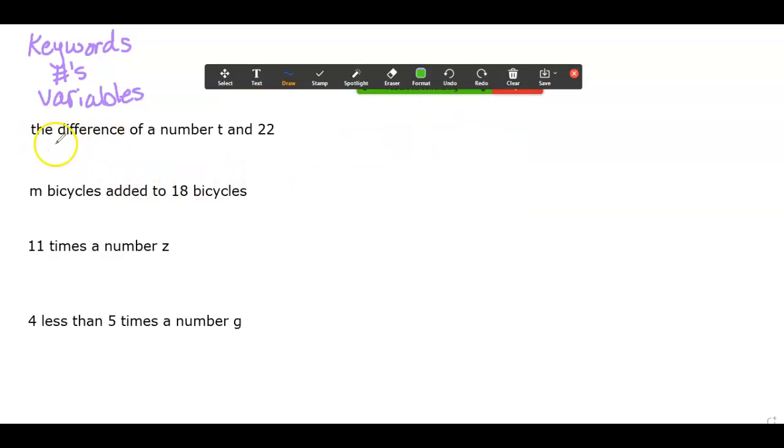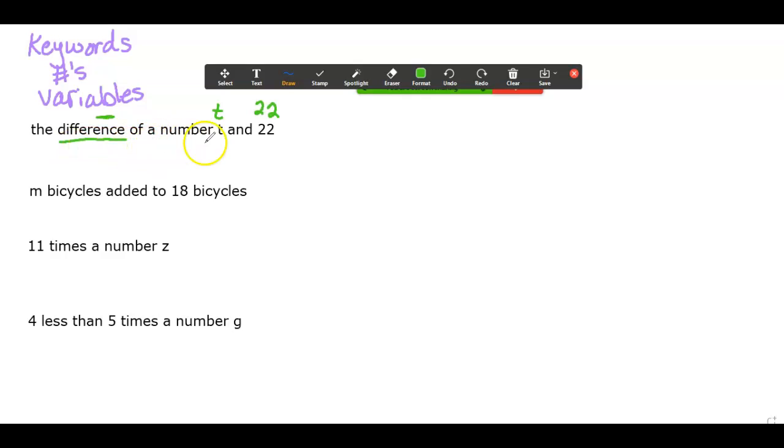So I see the difference of a number t and 22. Well, difference is subtraction. That's a keyword. My number is 22, and my variable is t. Remember that if I'm dealing with subtraction, I have to pay attention to what my total is, to what starts first.